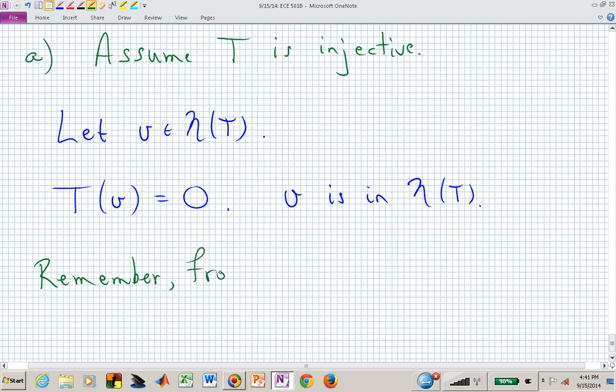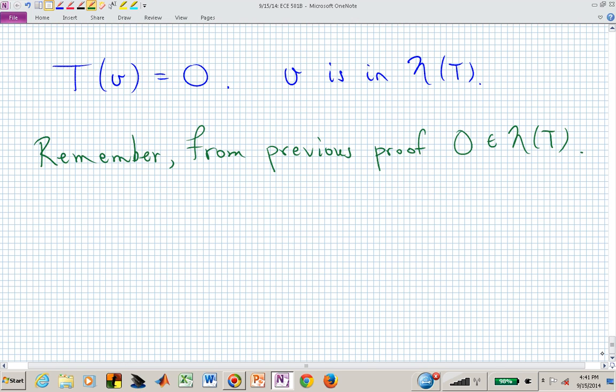Remember from the previous proof, the null space is a subspace. That means that the 0 vector must be in the null space of T. And 0 is in V, it's in the domain. So now we know that T of 0 is equal to 0.